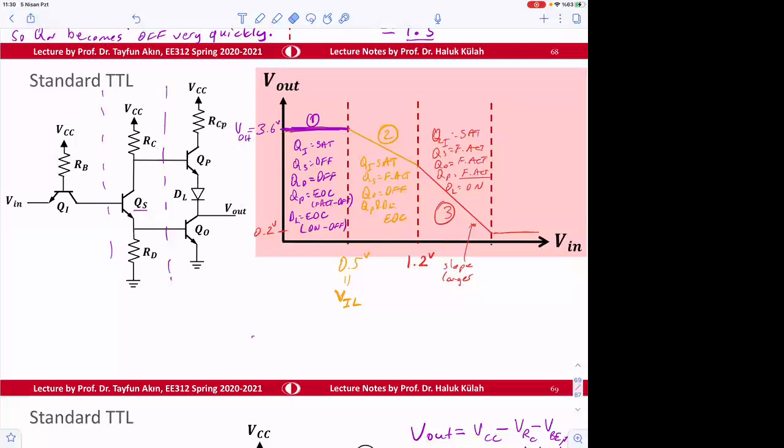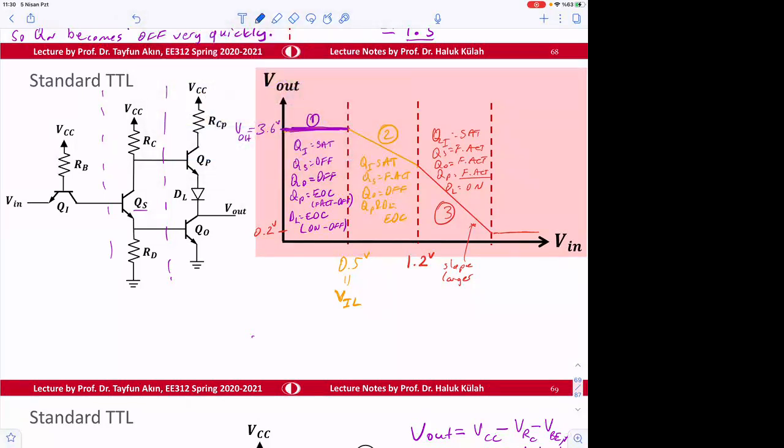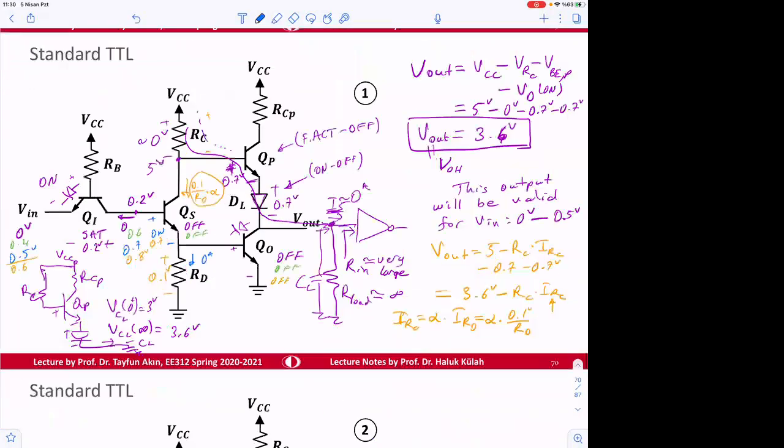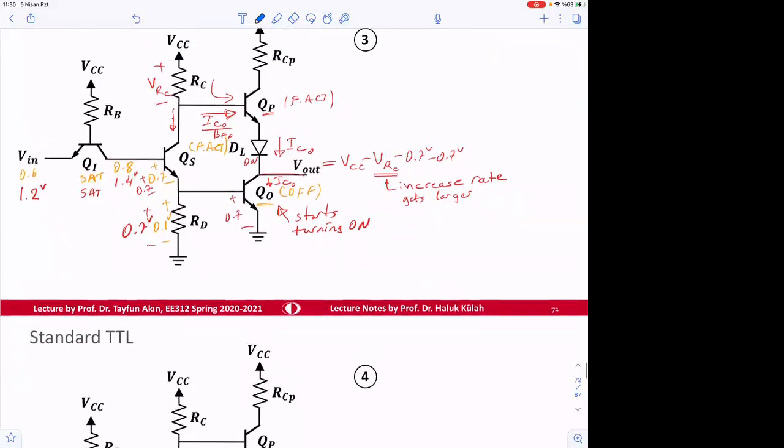Then what happens? Maybe I should select a different color here. Blue. Okay, so what is this case? Let's say this is the fourth, after 1, 2, 3.